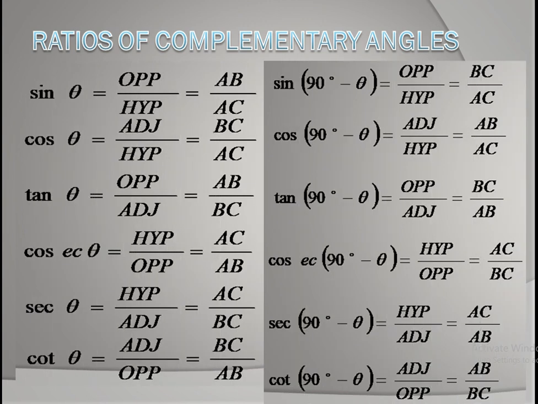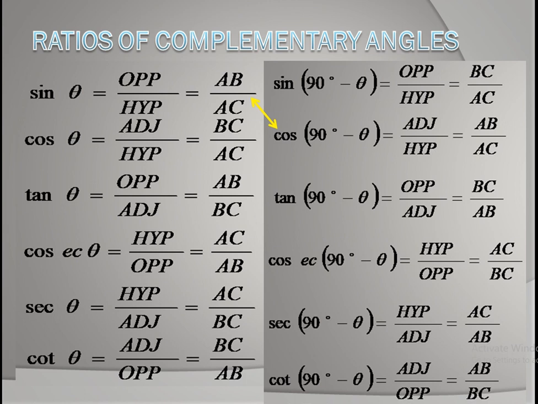Now here you see, sin theta is equal to AB by AC. We already discussed sin theta is equal to AB by AC, and we see that cos(90 degree minus theta) is also equal to AB by AC.